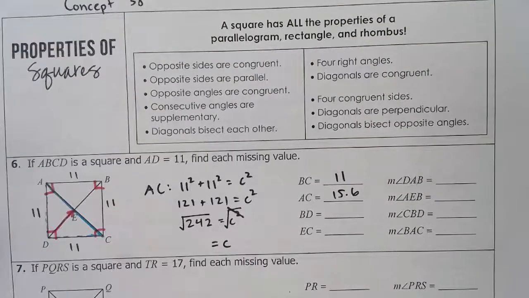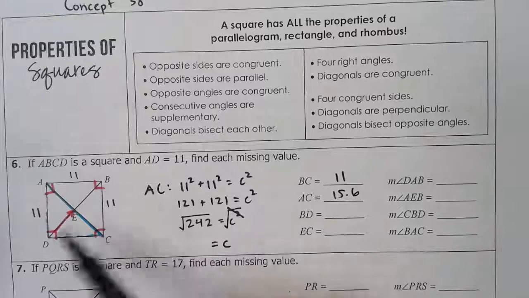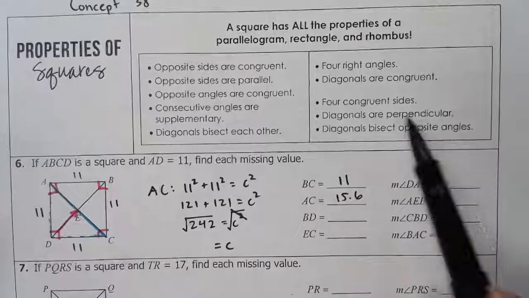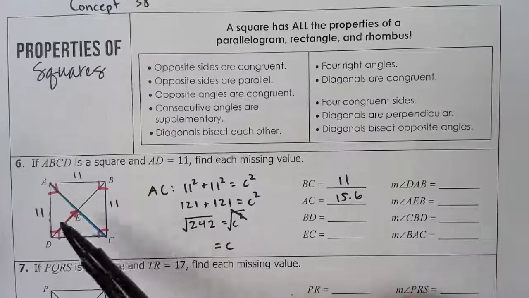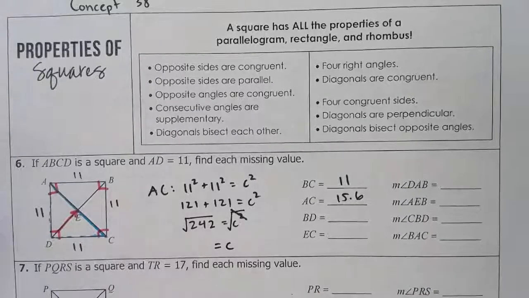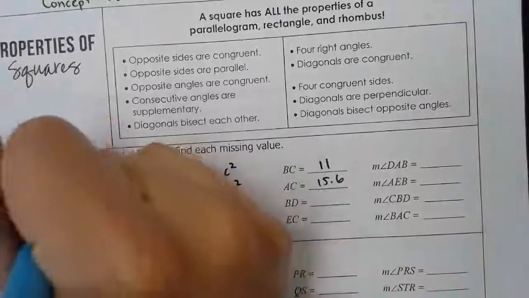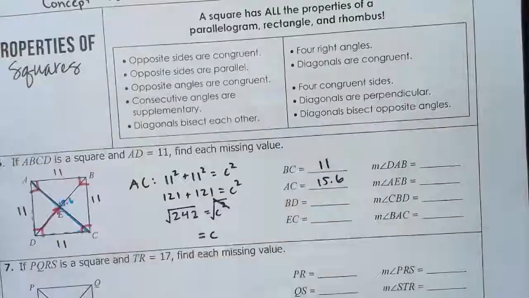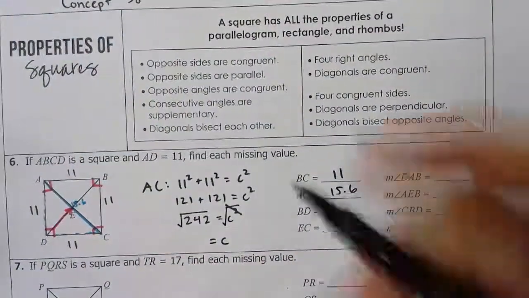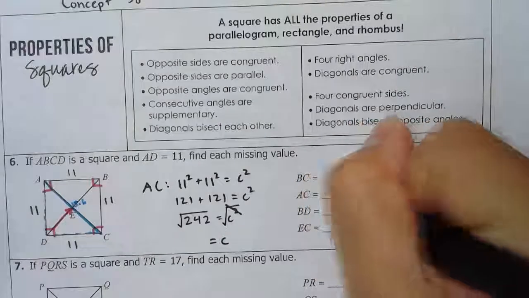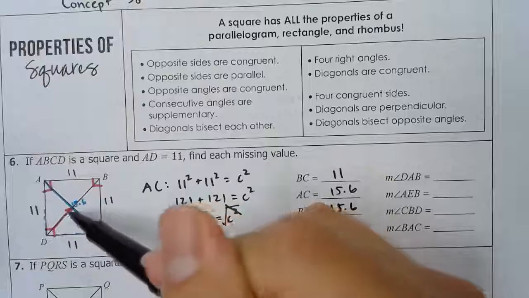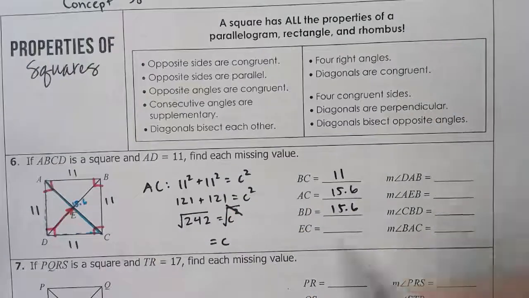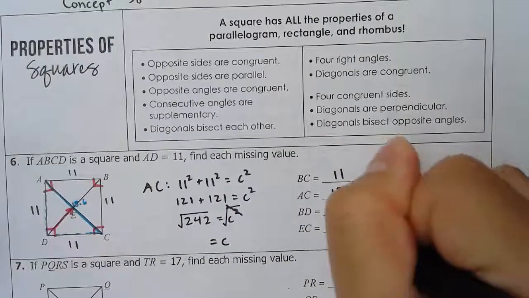BD is the other diagonal, and according to the properties here, diagonals are congruent, they're equal. So if one of them, the blue one, is 15.6, then I can say that the other one is also 15.6. And then EC is half the blue diagonal, so 15.6 divided by 2, and you're going to get 7.8.